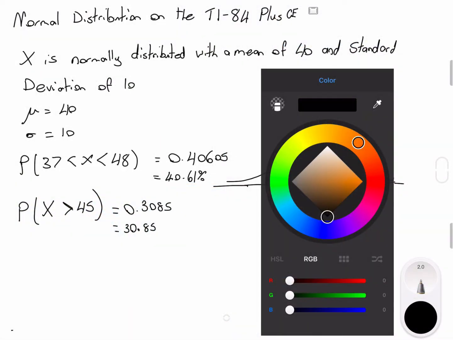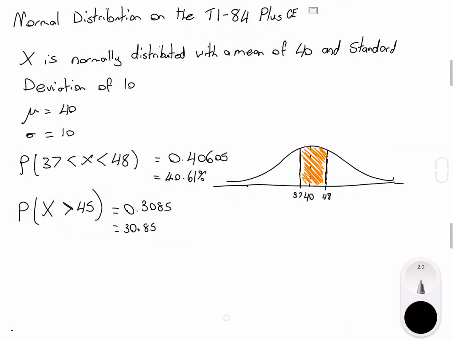So let's again shade this and see what it looks like. Let's draw another normal distribution curve. And again, we've got our mean, which we know is 40, and this time we want to find greater than 45.